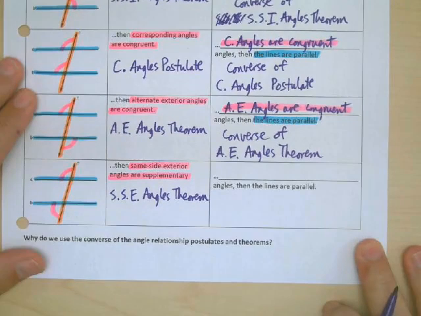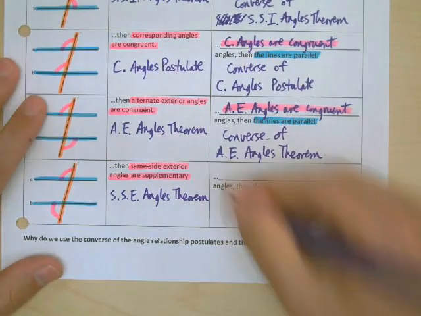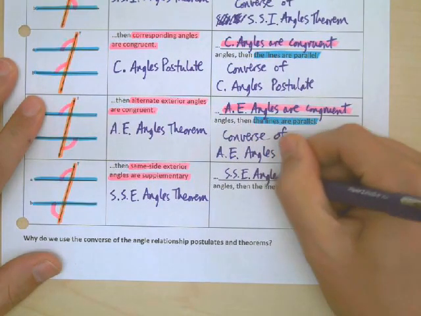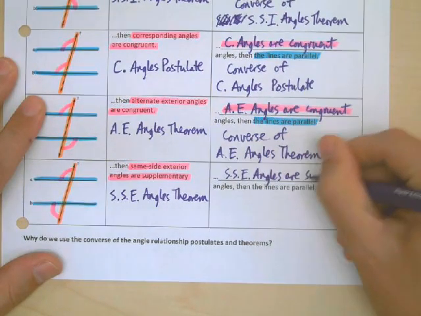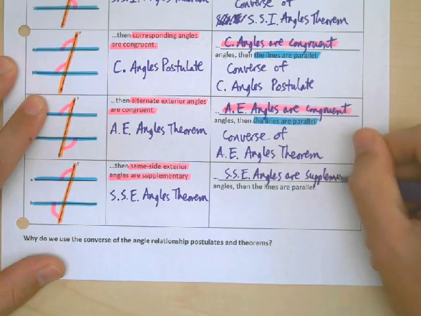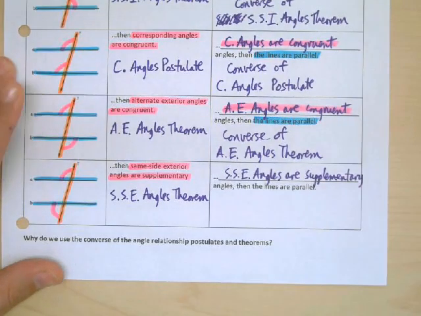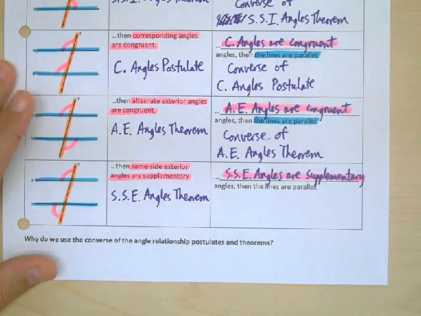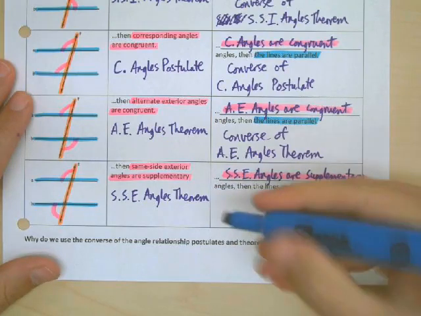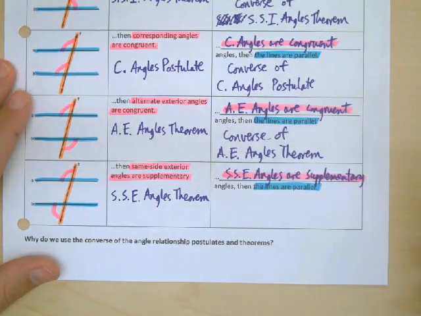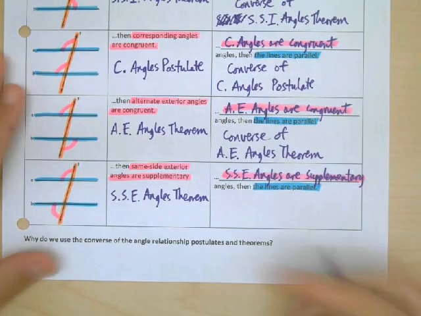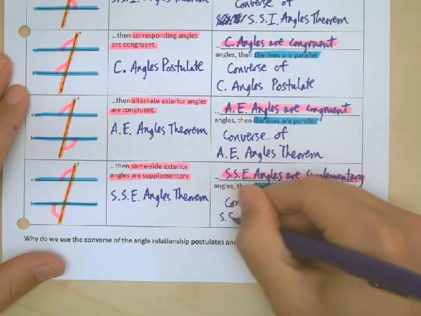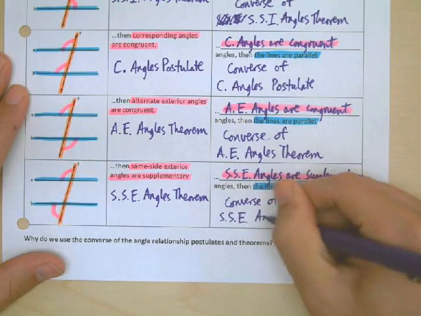And last but not least, we could start by knowing that same side exterior angles are supplementary. We could conclude that the lines are parallel, and we would call this the converse of the same side exterior angles theorem.